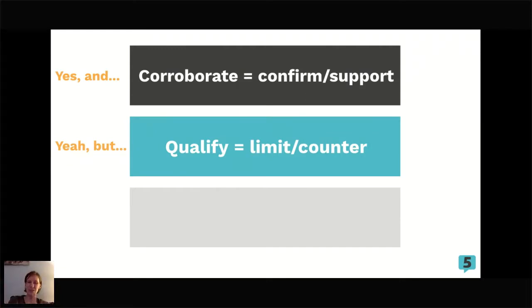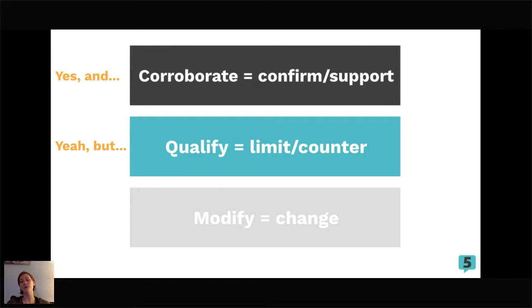Well, yeah, that's true, but also this other thing is true. And maybe they exist in tension with each other. So qualifying your argument, acknowledging other viewpoints, acknowledging other factors, acknowledging the fact that this might be true in this situation, but not universally, because in this situation, something else is more relevant or more prominent.